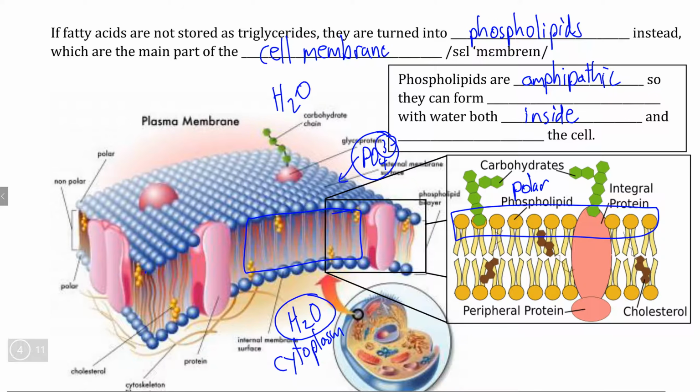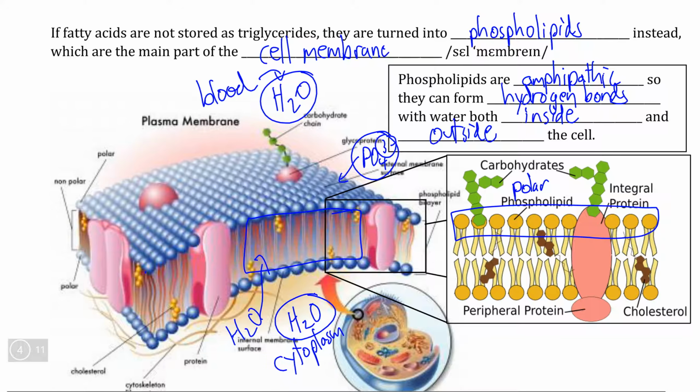And outside of every one of your cells, you find your blood, which is also mostly water, which means that water can be found both on the inside and the outside of your cell membrane. Because the phosphate heads are polar, that allows them to form hydrogen bonds with the water inside the cytoplasm and the water outside the cell found in your blood, thereby also preventing water from your cell from draining out.